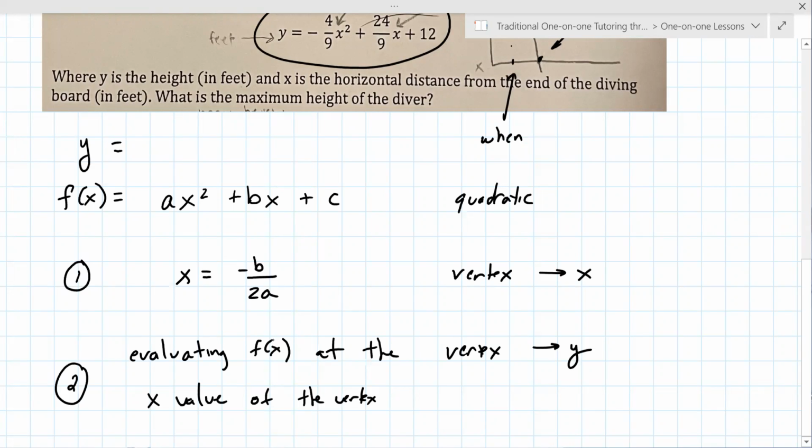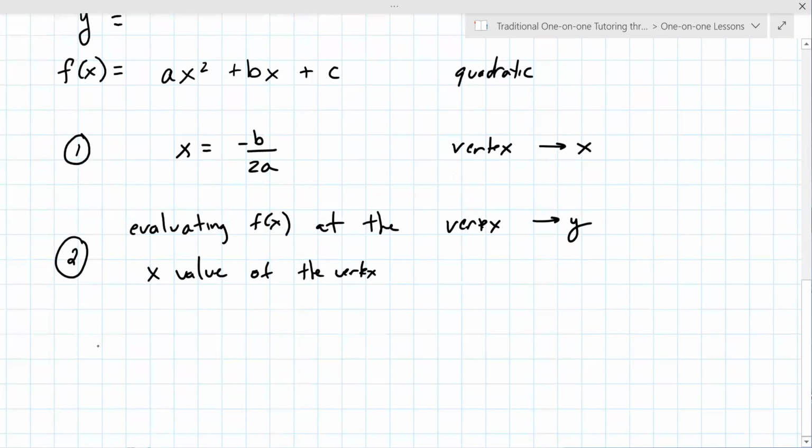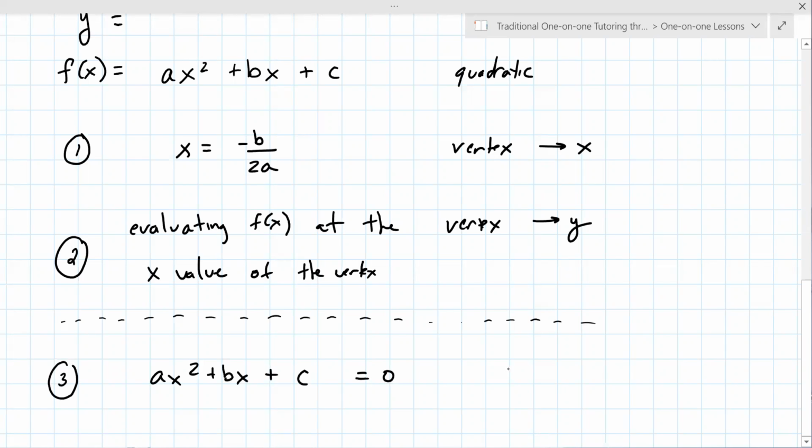We're going to do some examples of that, but that's two very important things. And then kind of there's this dashed line here. Number 3 is we can actually set ax squared plus bx plus c equal to 0, and we can solve for x, and these are the x-intercepts.